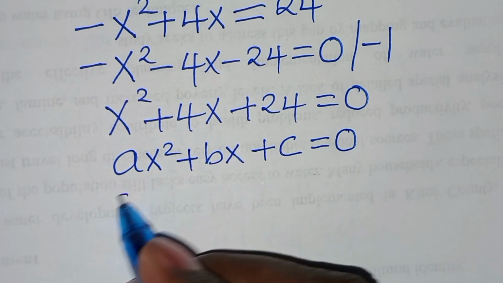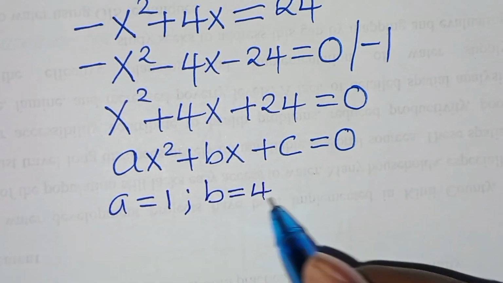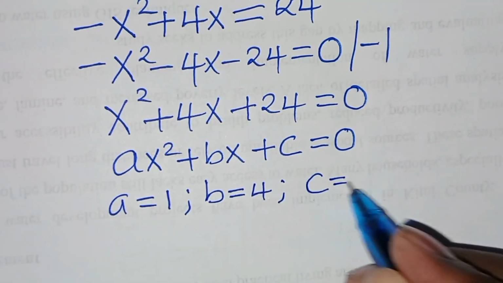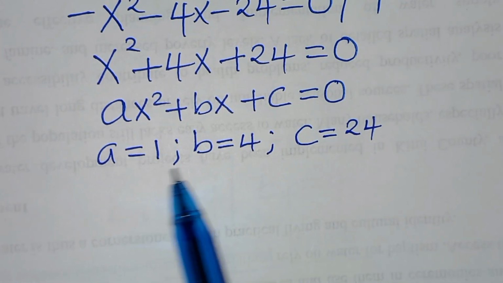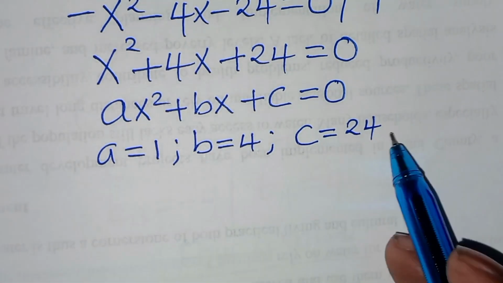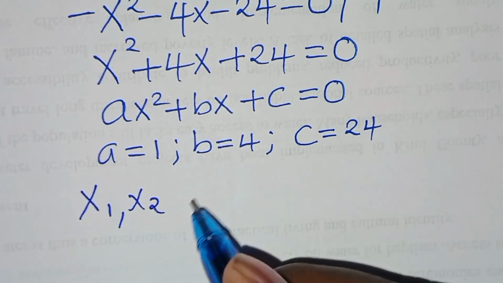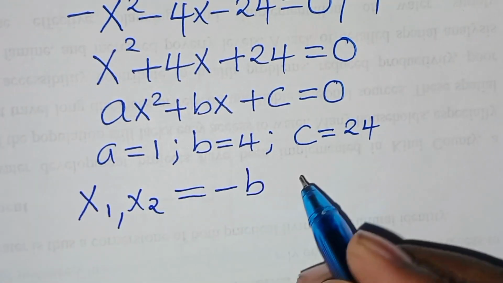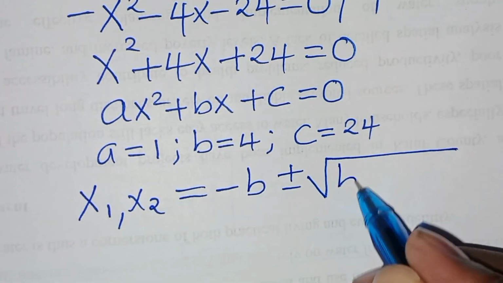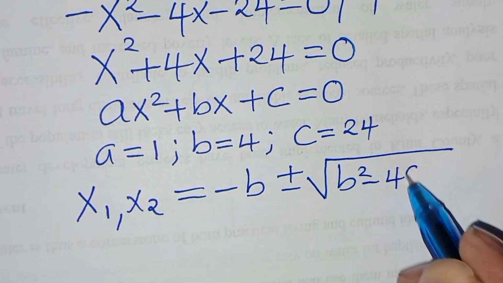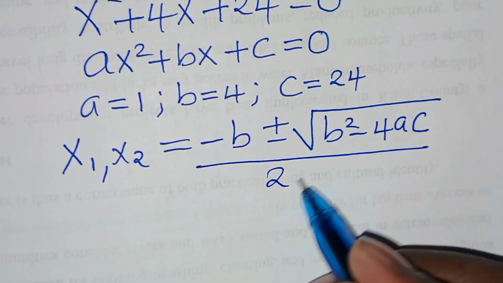Now you find that a is equal to 1, b is equal to 4, and c is equal to 24. So this implies that we can calculate the values of x1 and x2 by applying the quadratic formula, which is minus b plus or minus the square root of b squared minus 4 times a times c, divided by 2 times a.